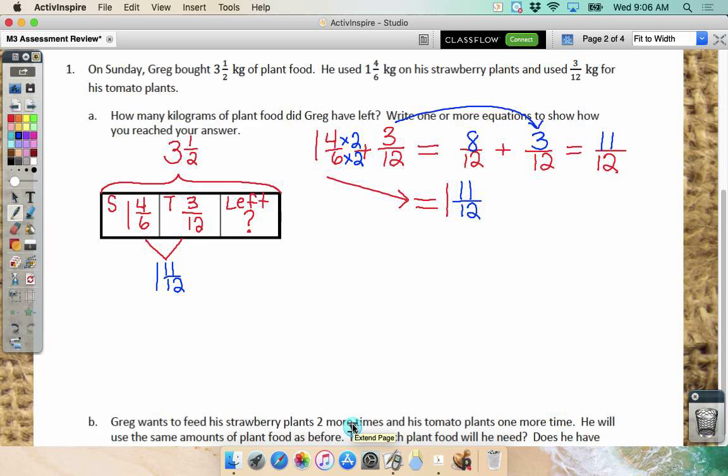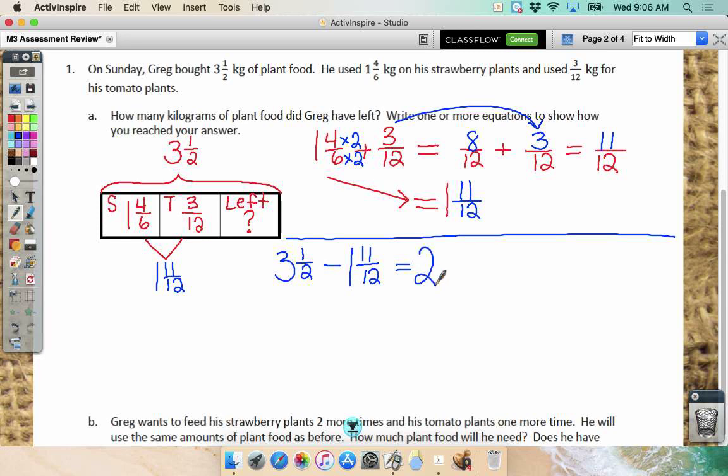So the second part of this problem, okay, I'm going to draw a line right here, is going to be 3.5 minus 1 and 11/12. Okay, so what can I do first? Group the whole number. So 3 minus 1 equals?